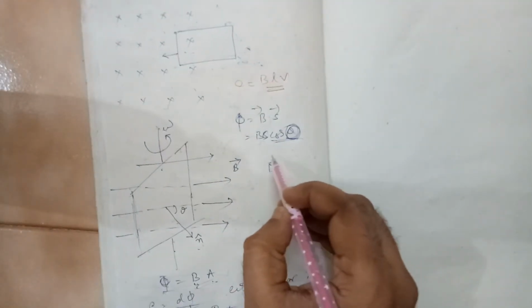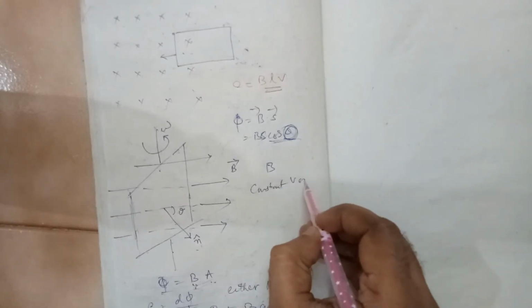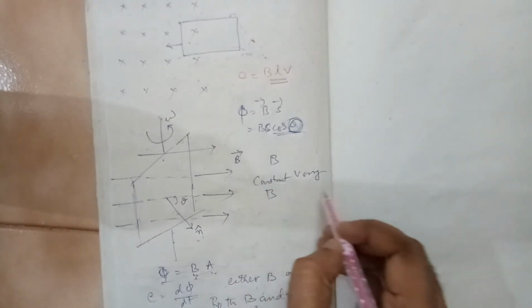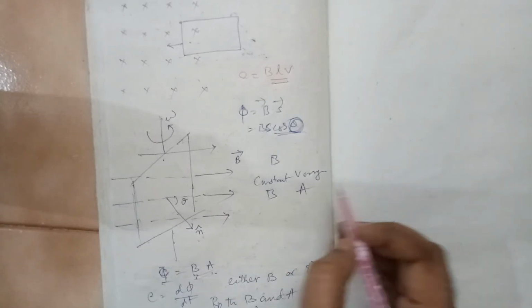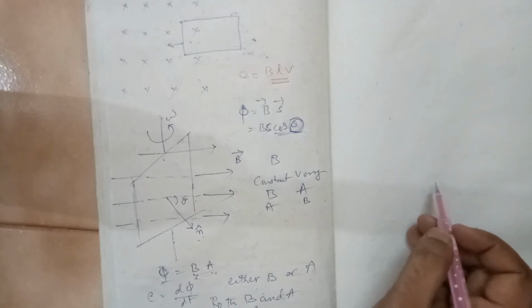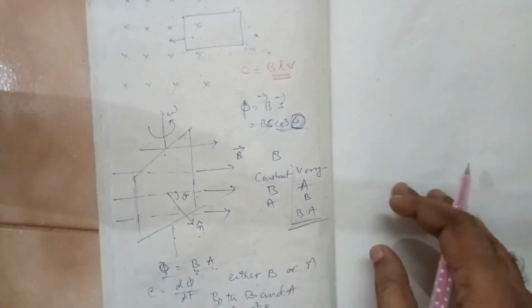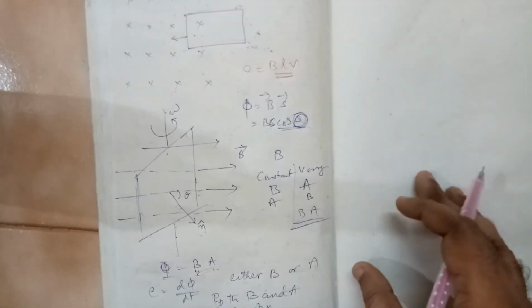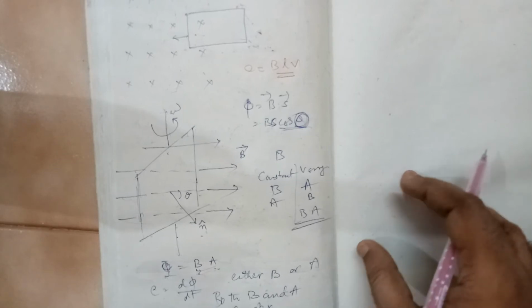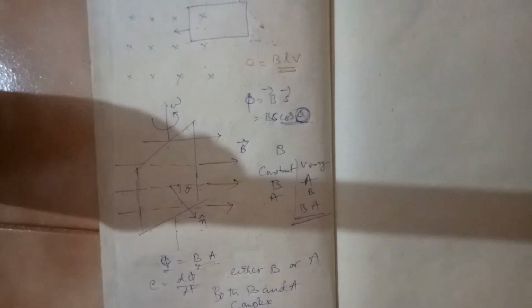So three scenarios: keep B constant, vary A; keep A constant, vary B. Can we vary both? The answer is yes, but this leads to a complicated situation, usually very difficult to measure in a laboratory. But finally our intention is to generate induced EMF.